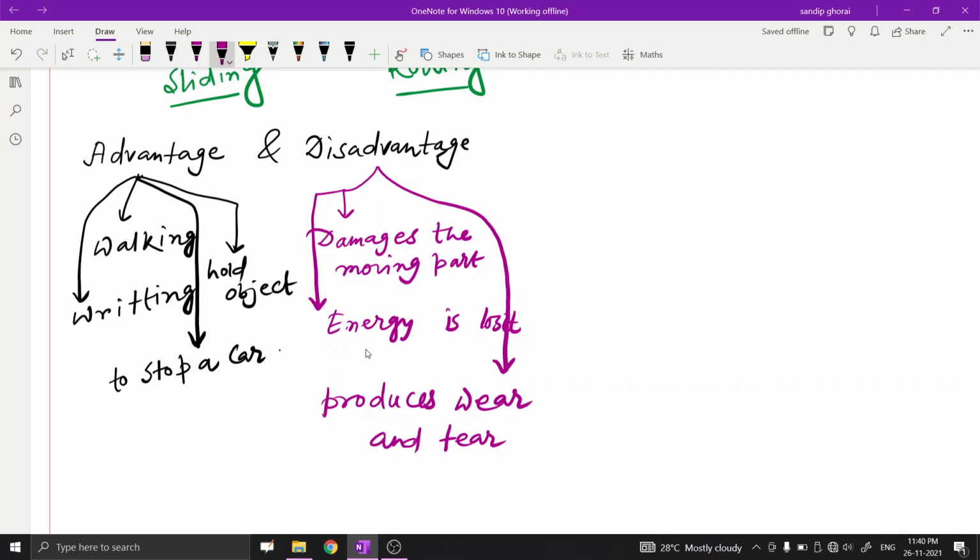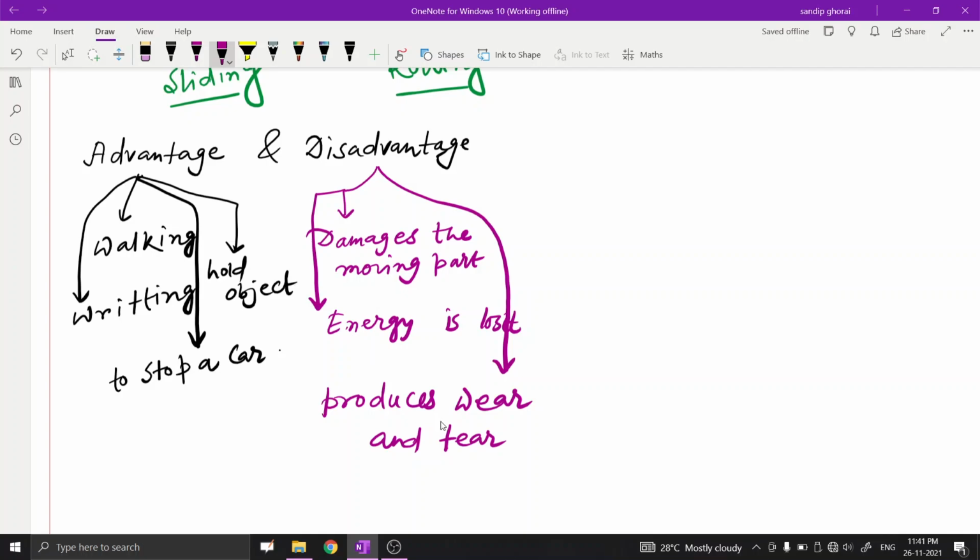And if it is necessary, then sometimes we increase friction. For safety purposes we use tires and tubes on cars that produce friction on the highway.